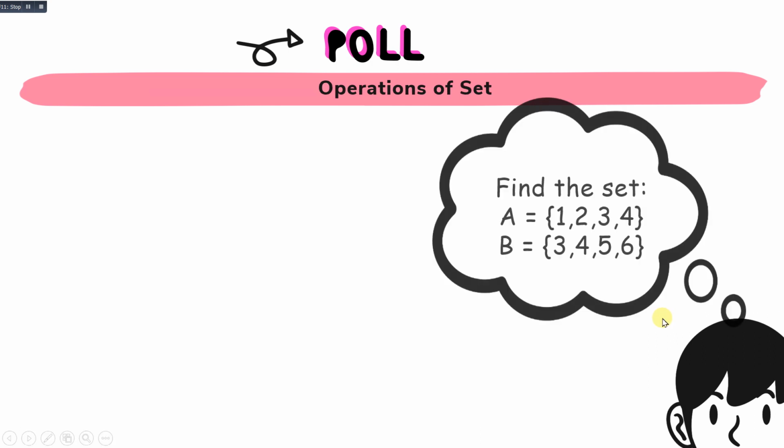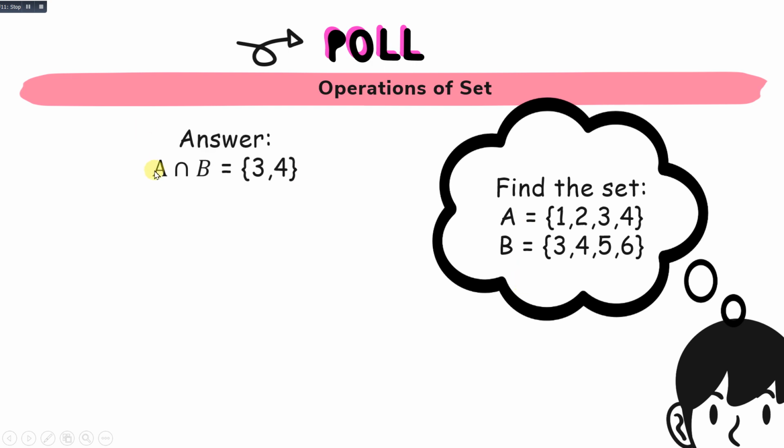Now, this is another example. Find the intersection of set A and set B. So we will look for the common elements found in set A and set B. To answer that, A intersect B is equal to the elements 3 and 4. Why?